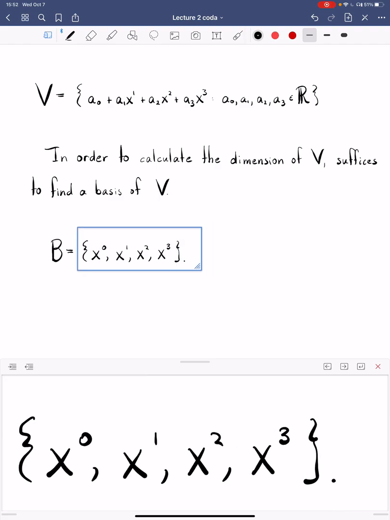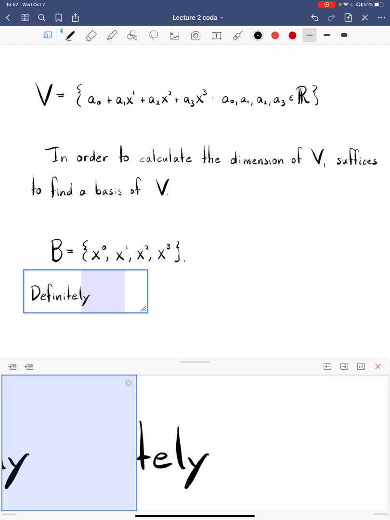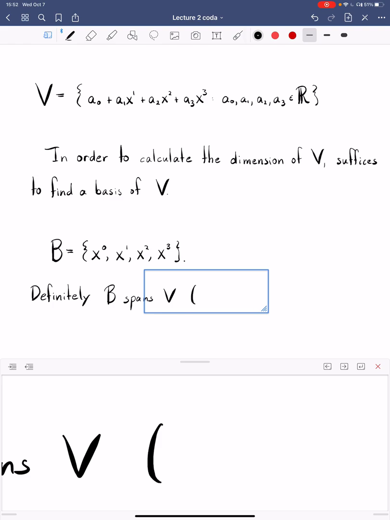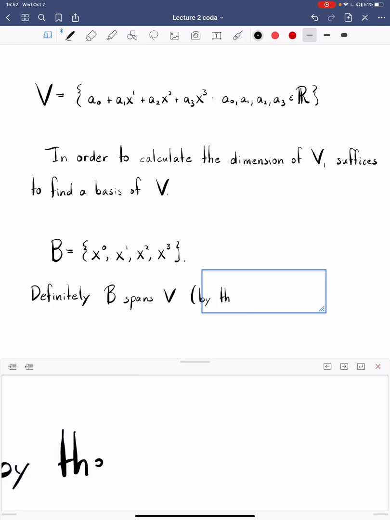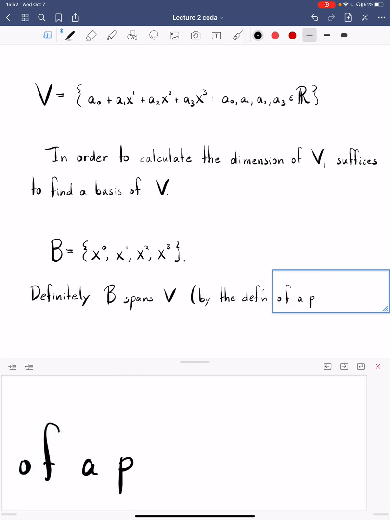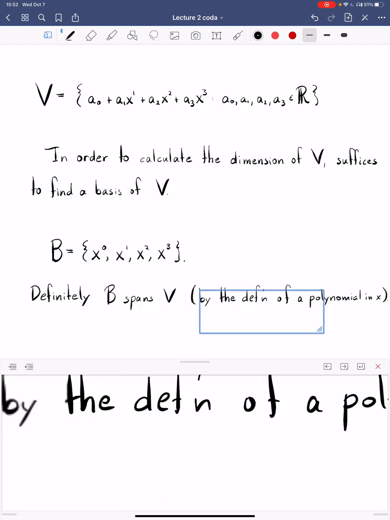They're linear combinations of these 4 monomials: x to the power 0, x to the power 1, x squared, and x cubed. And so definitely B spans V, and this is really by the definition of a polynomial in x, a polynomial of degree at most 3.